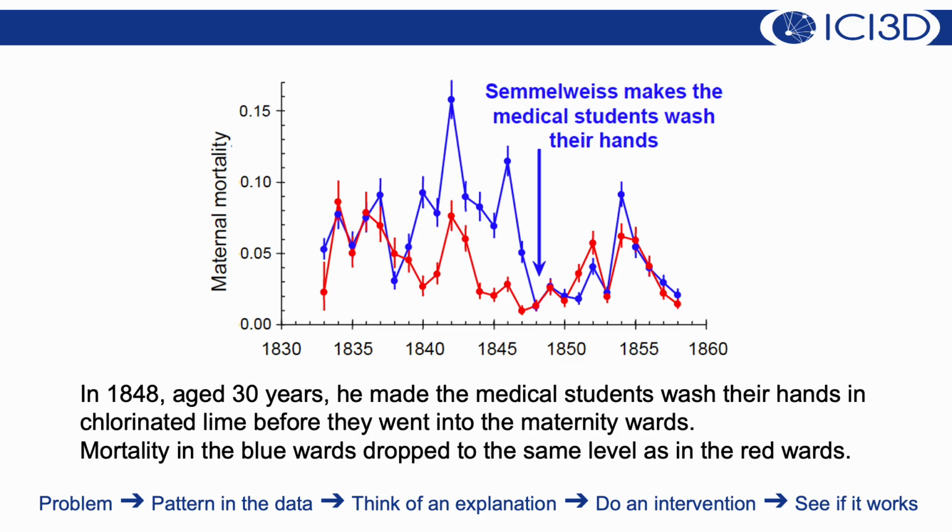What he's basically done is he's looked at the biological medical problem, and then he's looked at the data, and then he's got some sort of hypothesis about what might be going on, and he thinks maybe it's to do with washing hands. Now, we find this very difficult to believe in the 21st century, that people, in what seems like relatively modern times, didn't understand the importance of washing hands.